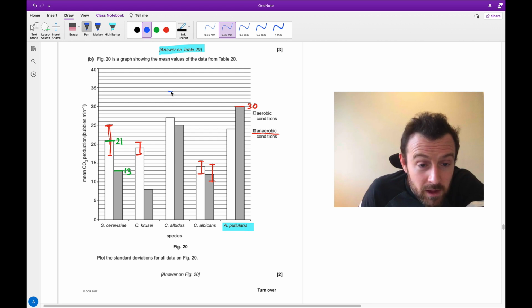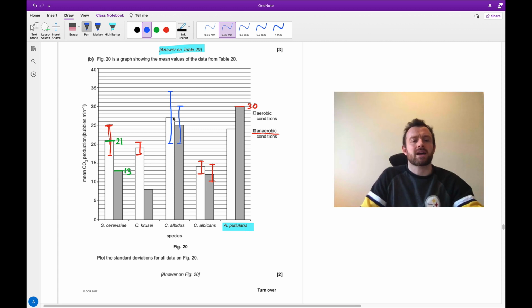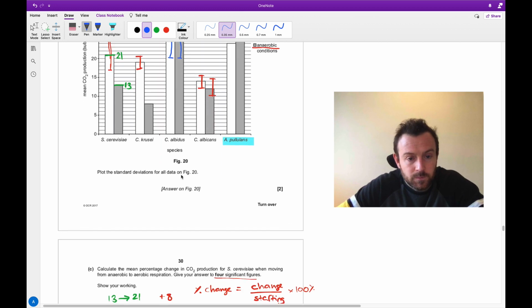That's way up there. And then down to here. So the error bar is massive there, all the way up and down like that. And then this error bar is 5, so it's up to plus 30 and down to 20. So we really can't say there's a significant difference there because the size of those error bars are massive and they overlap hugely.